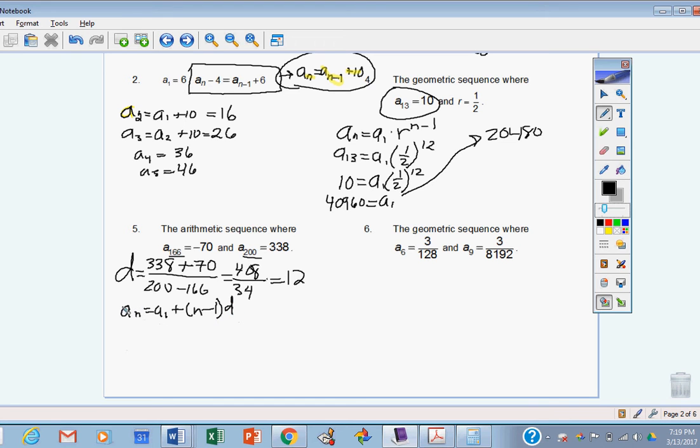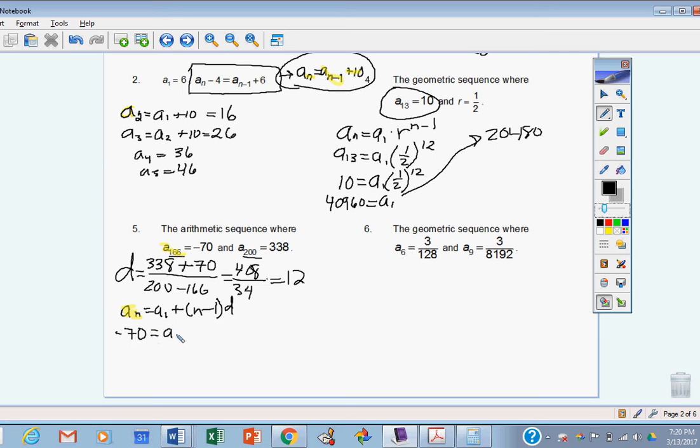Once again, if I establish this right here as one of these, I've just established the n value as 166. So most of us picked the first one. So I'm going to make this negative 70. If you're wondering why I didn't make that 166, it's because if I replace the n with 166, that term would be negative 70.